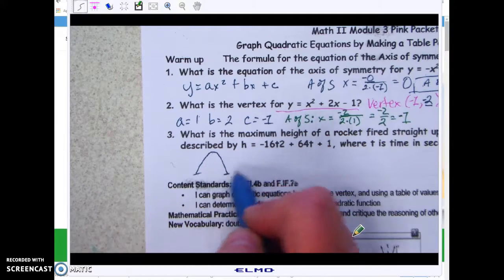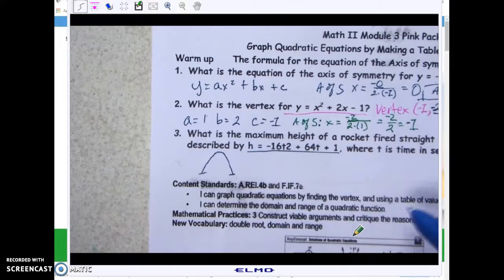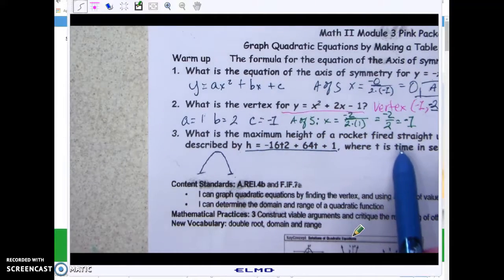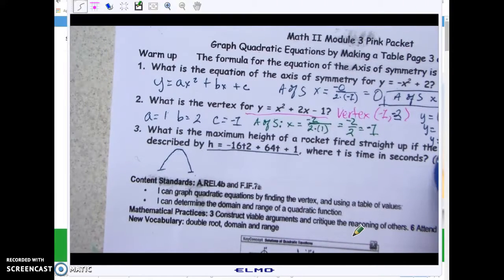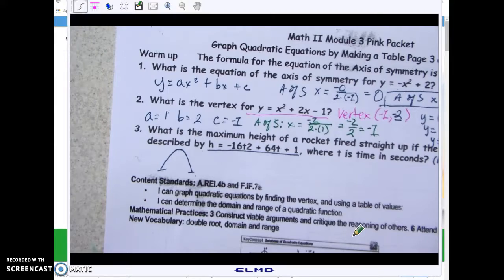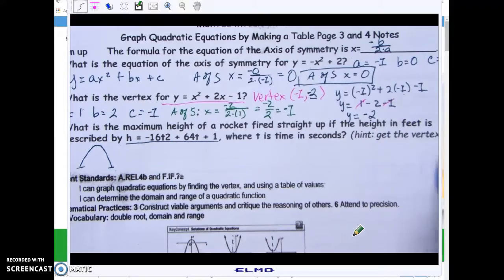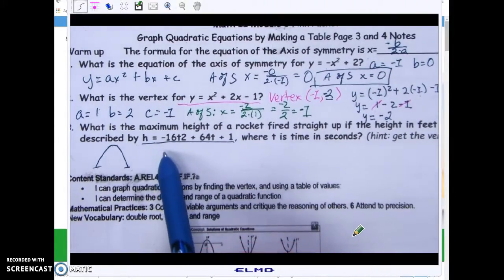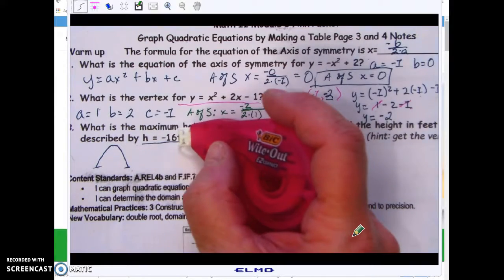That's a parabola. So the formula that we use to get the maximum height of a rocket fired straight up, if the height in feet is described by h for height equals negative 16 t, and that should be t to the second, not t times 2.